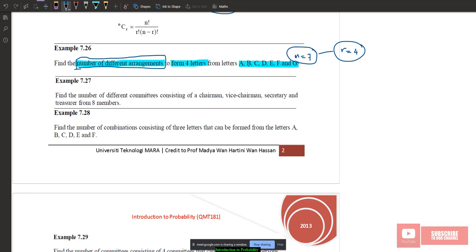When we want to choose 4 objects out of 7 objects, and the order is important, you should choose permutation, which is 7P4, equal to 7 factorial divided by (7 minus 4) factorial, which is equal to 840.